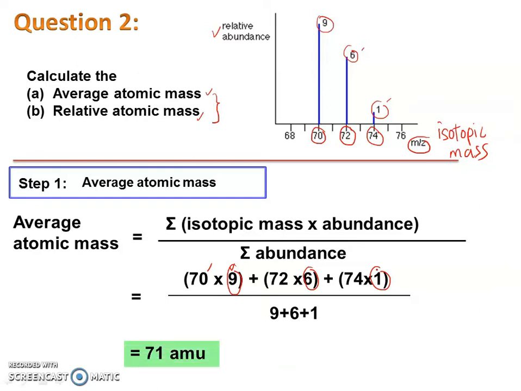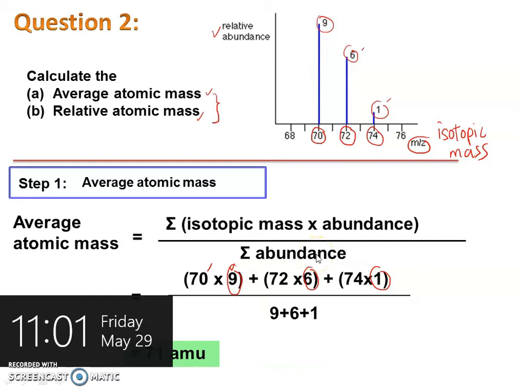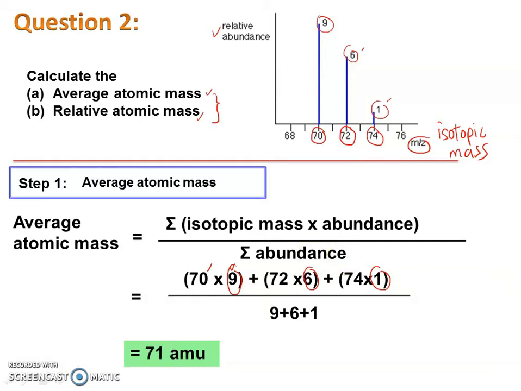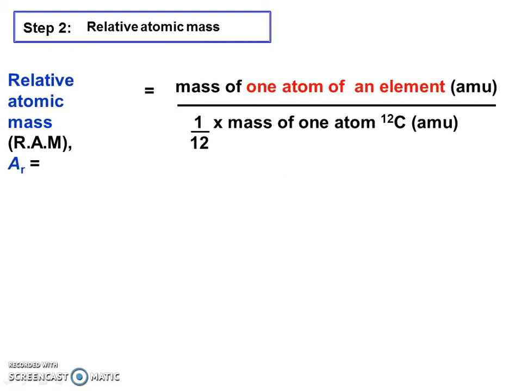But how about relative atomic mass in part B? As you know, relative atomic mass is a ratio without unit. The average atomic mass gives the answer in AMU or U. To get the relative atomic mass, we look at the second step. We write the formula: the mass of one atom of an element over 1/12 times the mass of one atom of carbon-12.